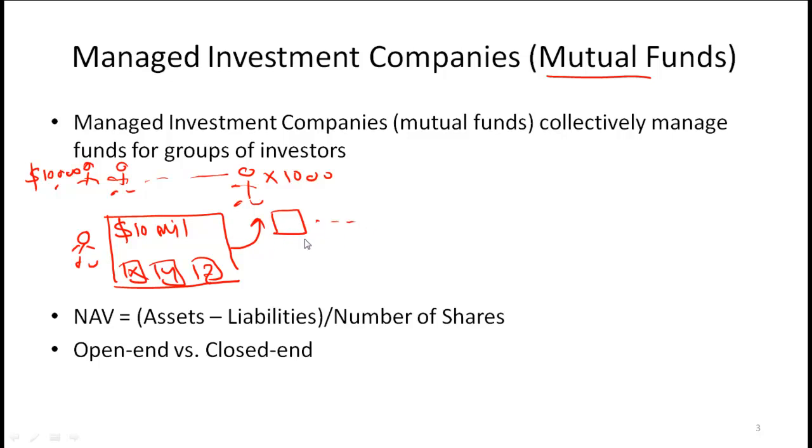Now let's say that initially we create 1 million shares. So 1 million shares are created, and each share initially would be worth $10. And obviously an investor who has invested $1,000 initially would get 100 shares of this mutual fund.